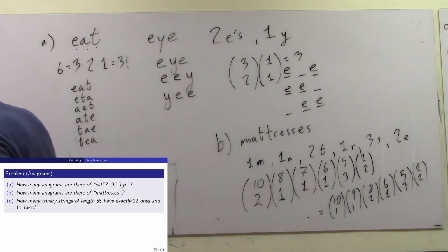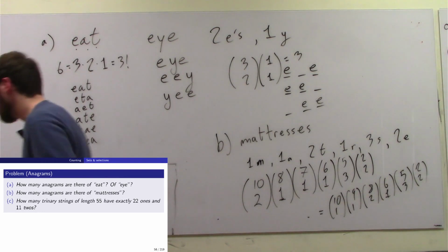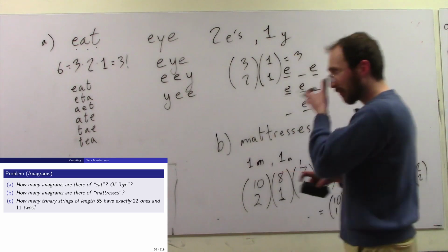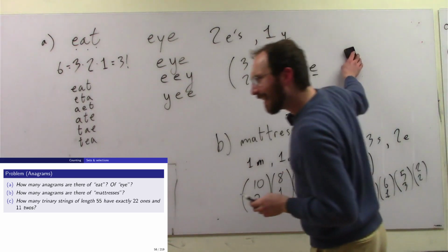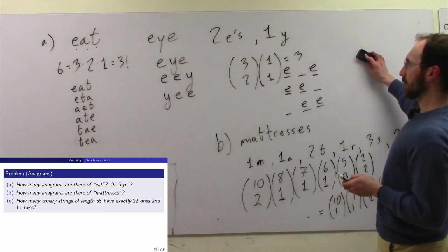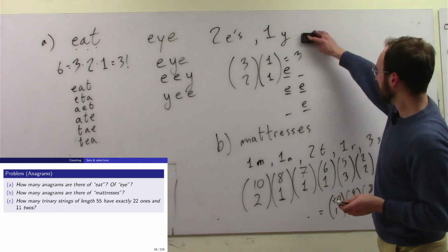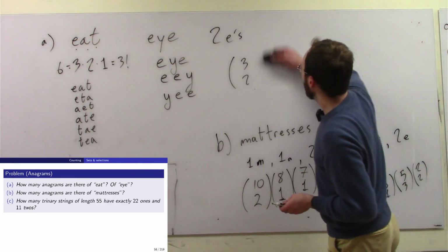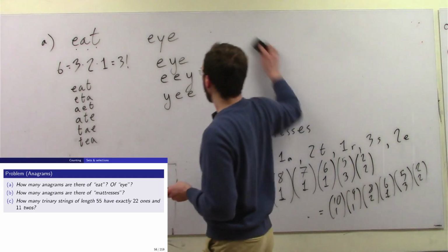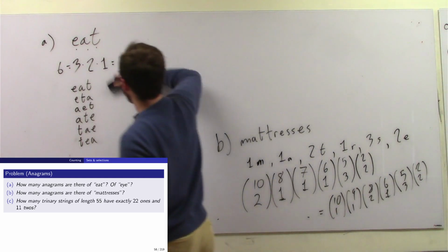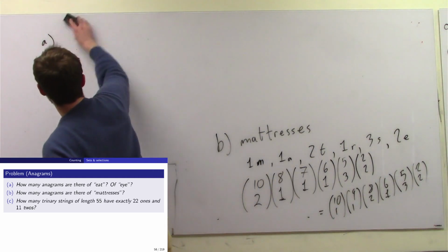Okay, and now last we have: how many trinary strings of length 55 have exactly 22 ones and 11 twos? We haven't talked about trinary strings, but if you trust me, we will have a good idea of it just about now.